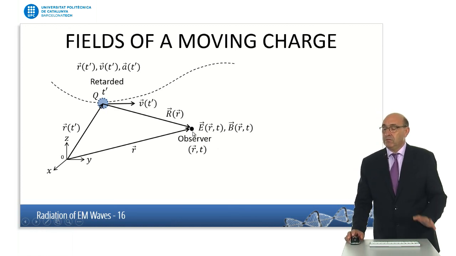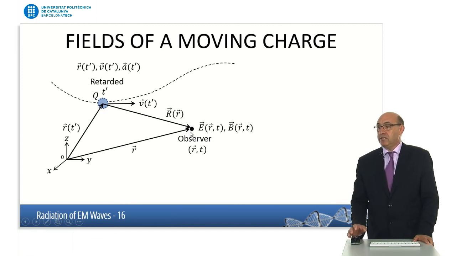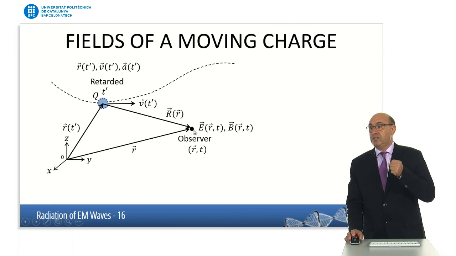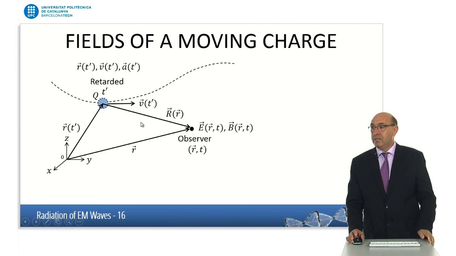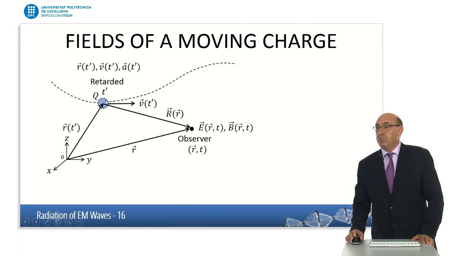This could be explained using a similar example. When we look at the sky and look at a distant star, we see the light that is reaching us at a certain moment, in a certain instant of time. But this light has to travel a long distance at the speed of light, c. So in this case, it takes a time to go from the point where the charge is to the point where the observer is located.